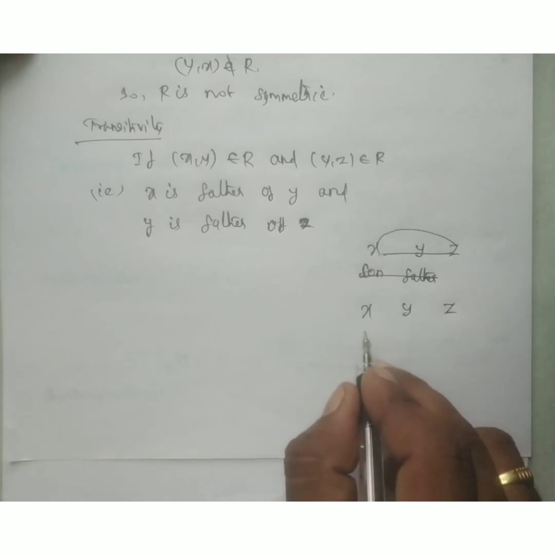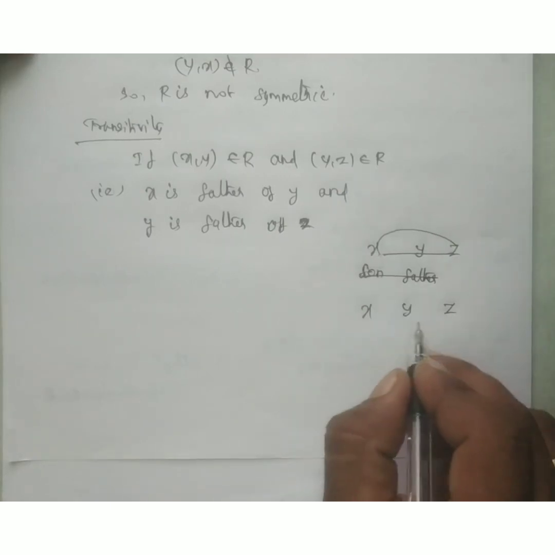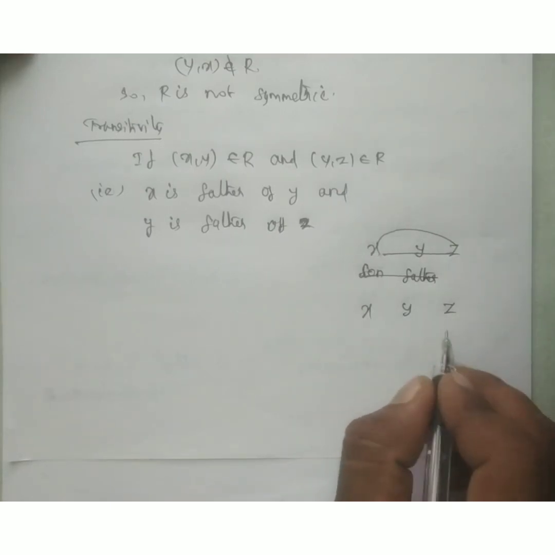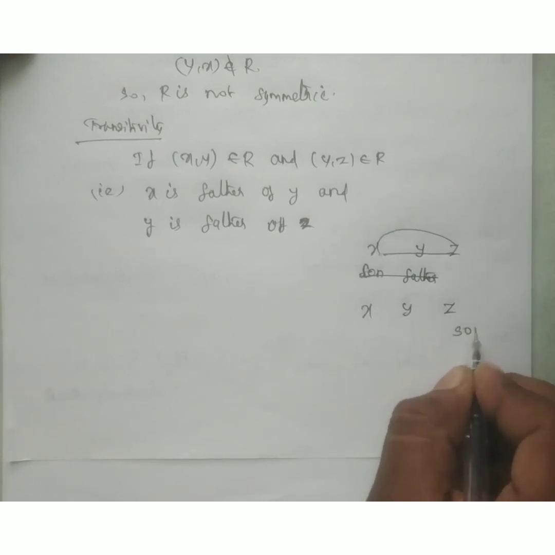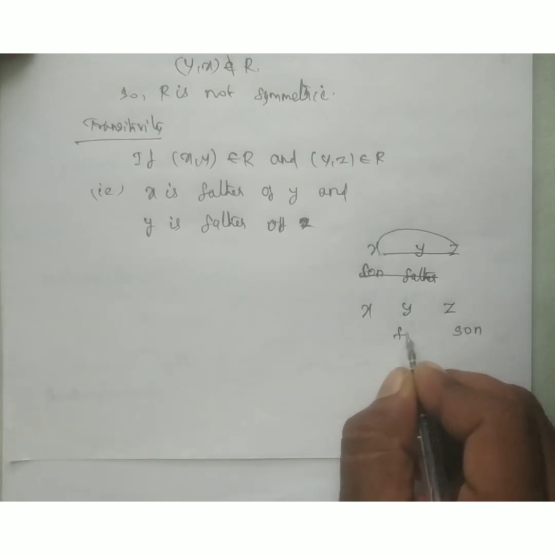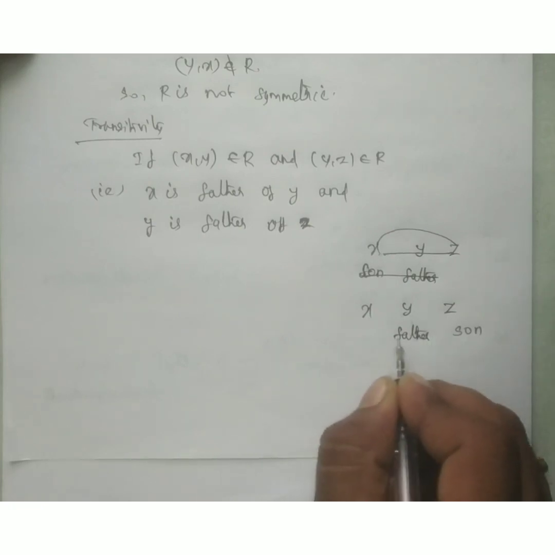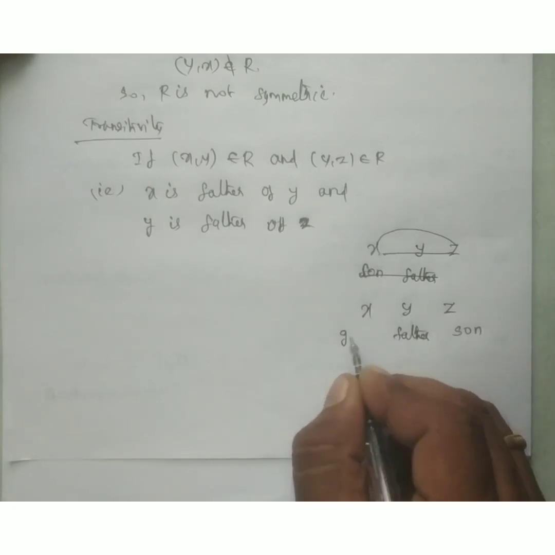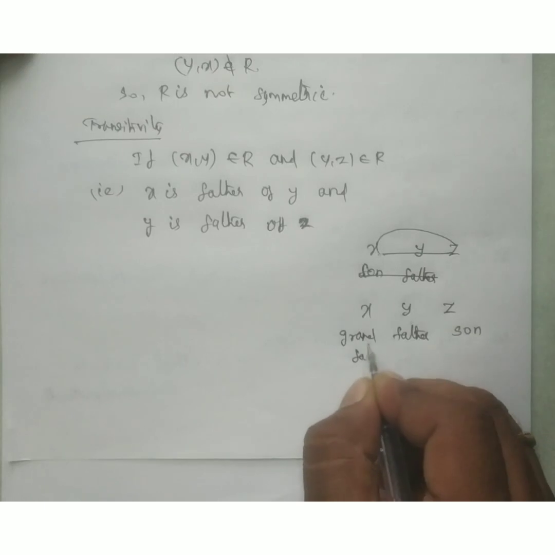Taking Z as the son, Y will be father and X we have to take as grandfather.